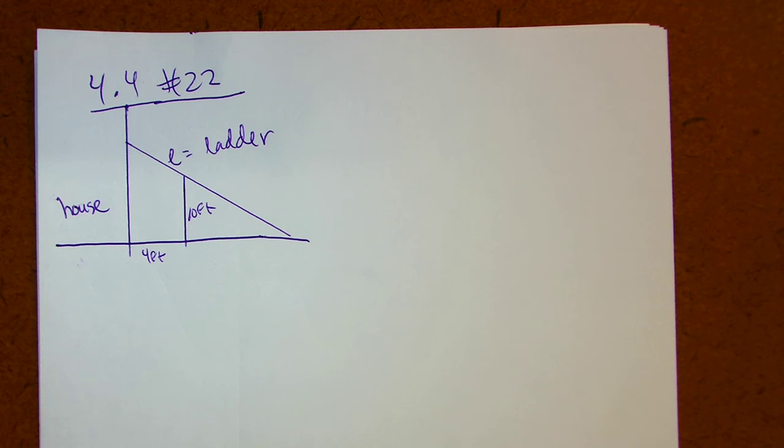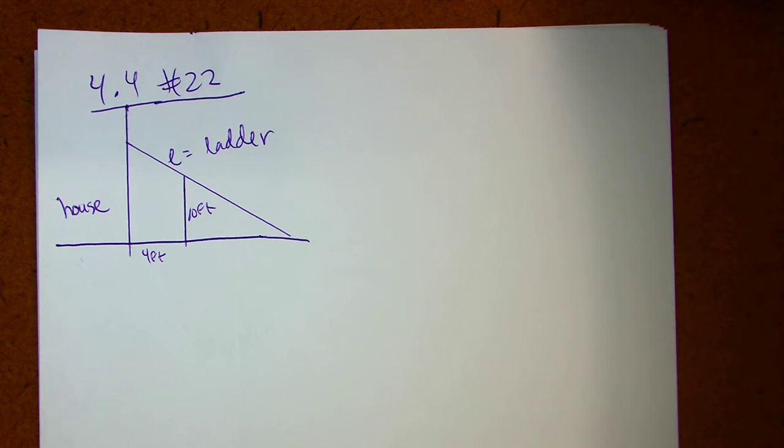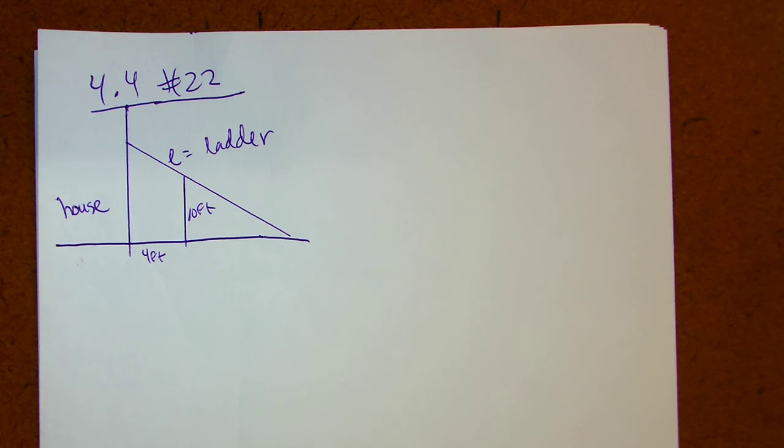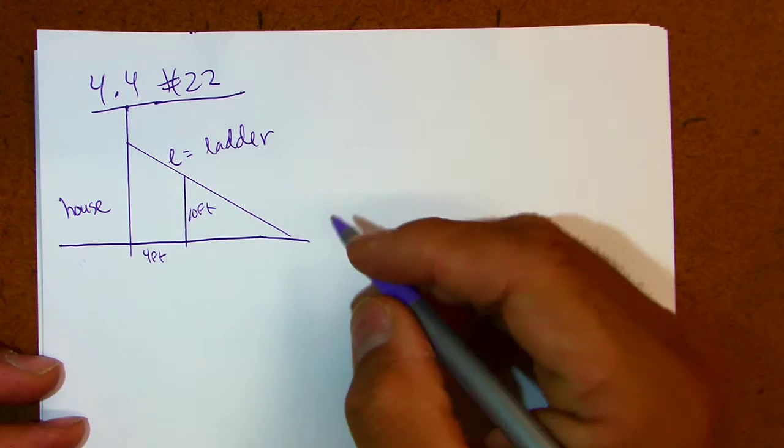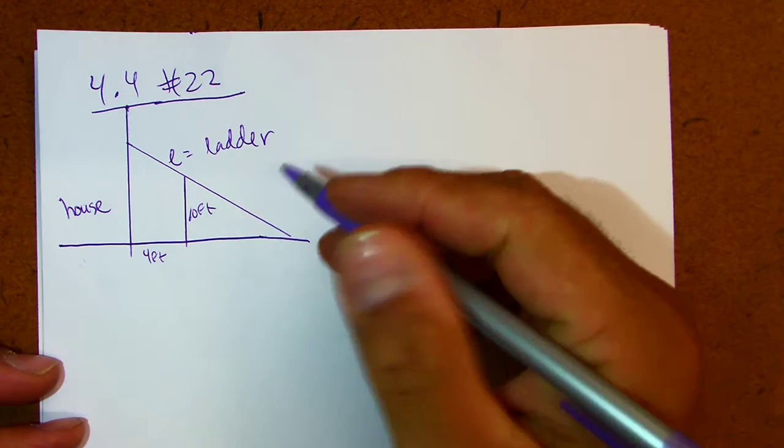All right, and I want to minimize that value. Okay, so we have that. So it looks like we have a few unknowns here.